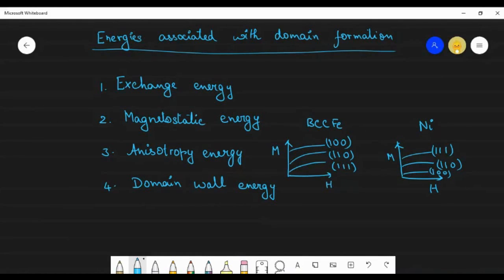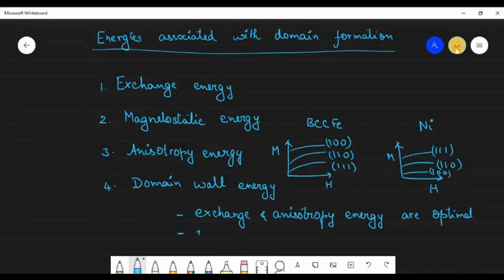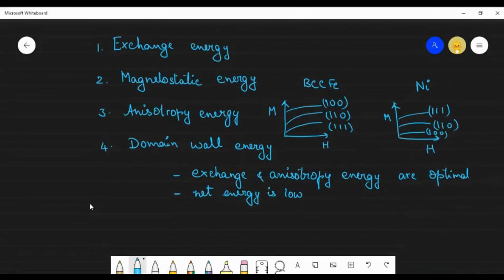The domain wall energy is such that exchange energy and anisotropy energy have optimal values, but the net energy of the specimen is low. Magnetostrictive energy.